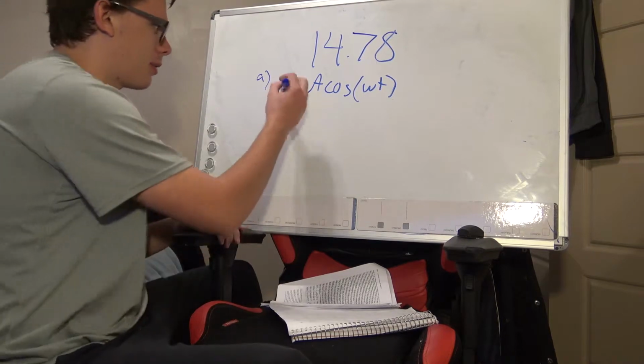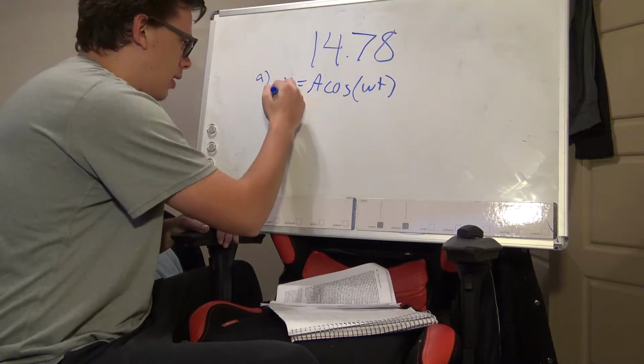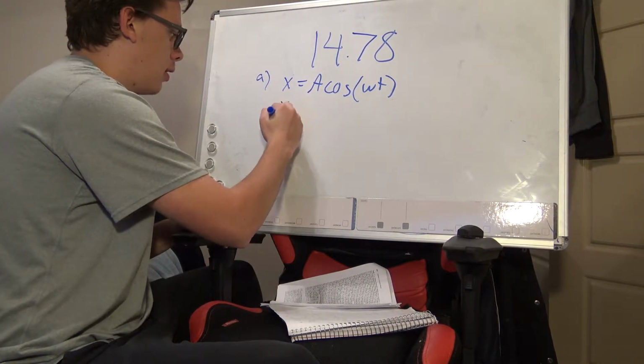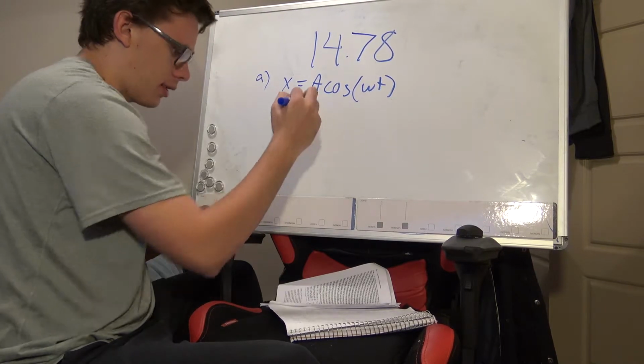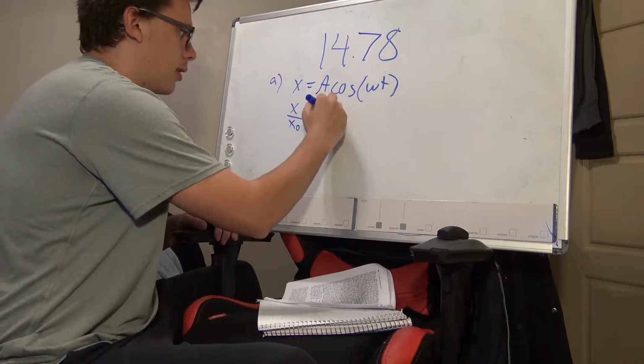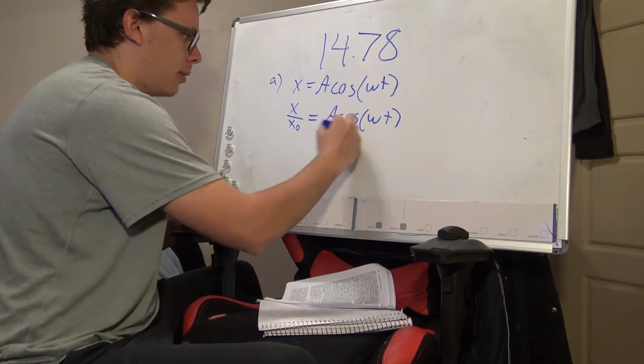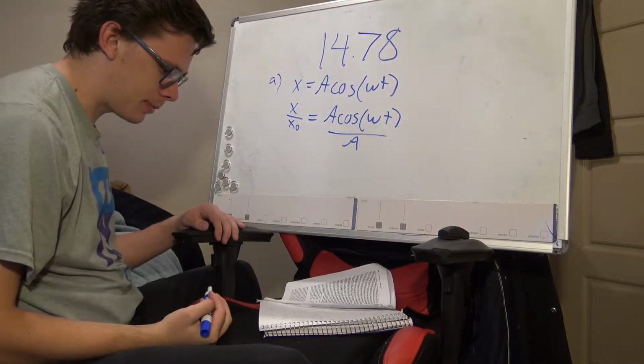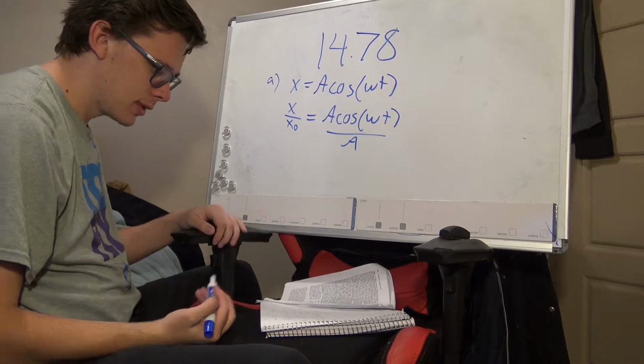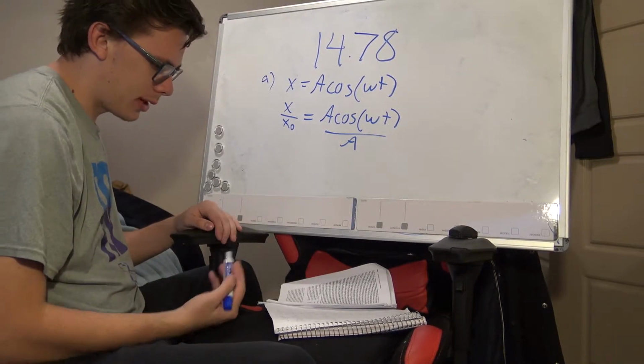So what we can do is actually rewrite this as x over x0 is equal to a cosine wt divided by a. And you just plug in our numbers that it gives us.